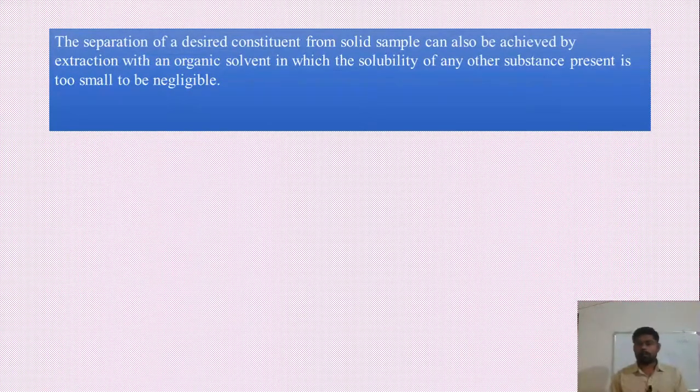The essence from the rose petals is extracted by the water during those 10 to 15 days. So that is called extraction of essence from solid petals by water, that is, a liquid phase. That is a well-known example of solid liquid extraction.